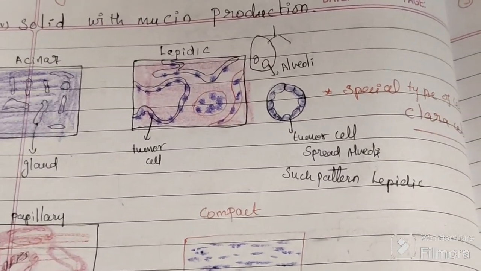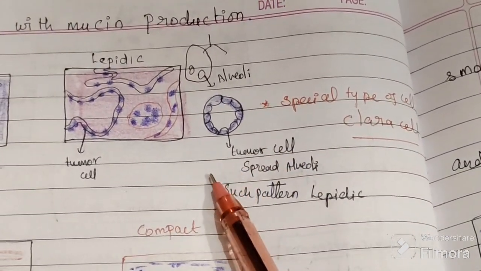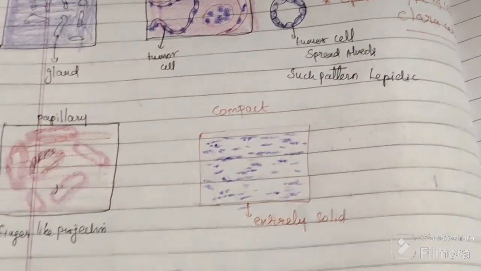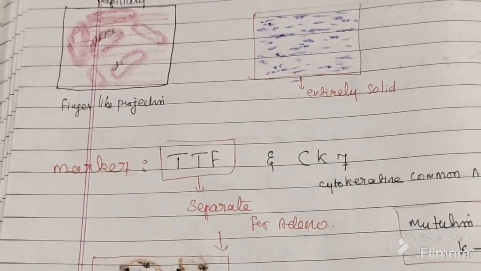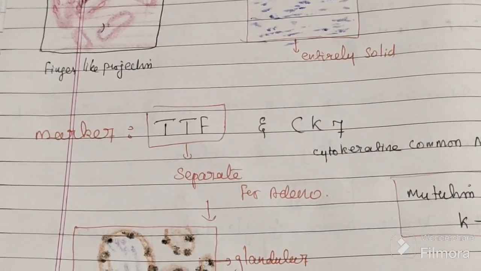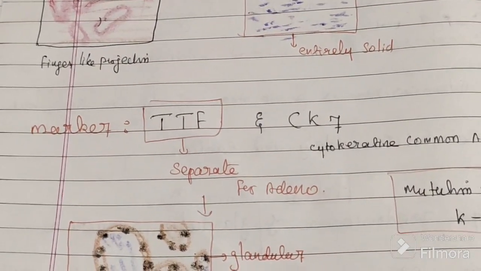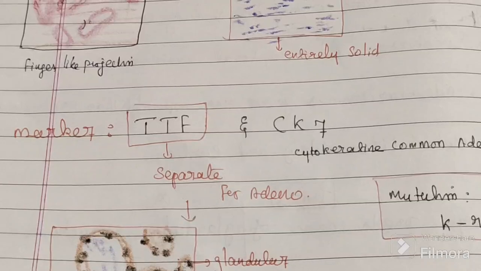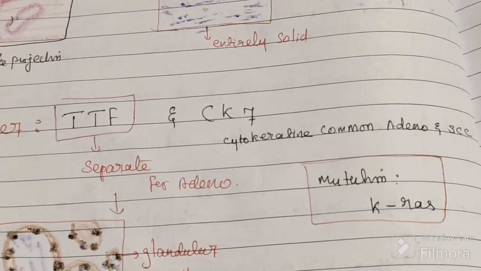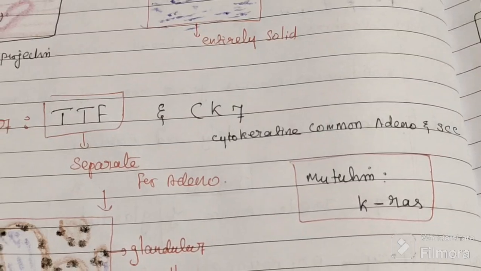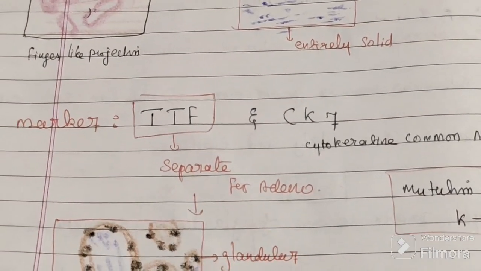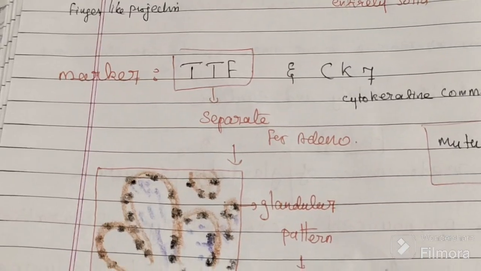Bronchoalveolar is important. Here a special type of cell is present, the Clara cell. The marker for adenocarcinoma is specific: TTF and CK7. Cytokeratin is common for adeno and squamous cell carcinoma. TTF is only specific for adenocarcinoma.